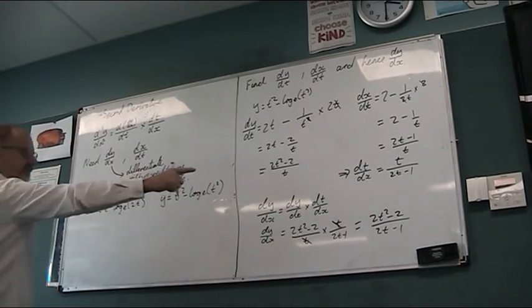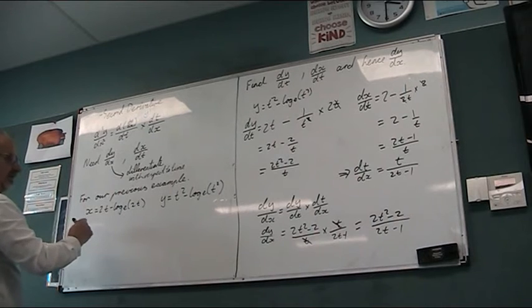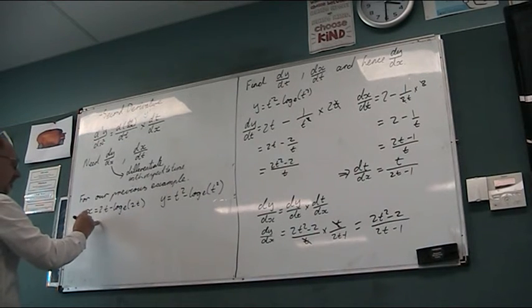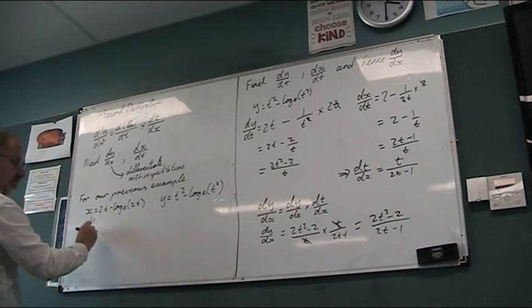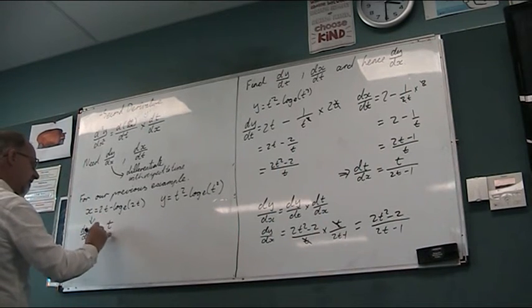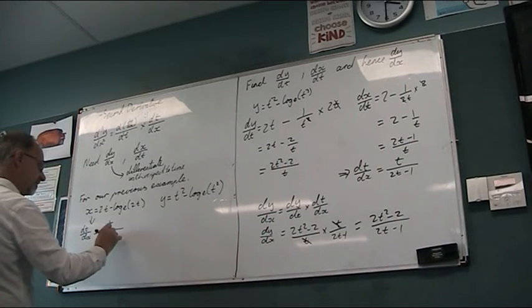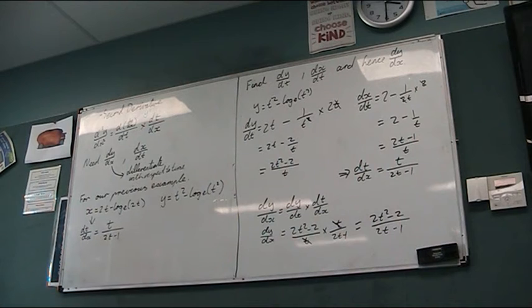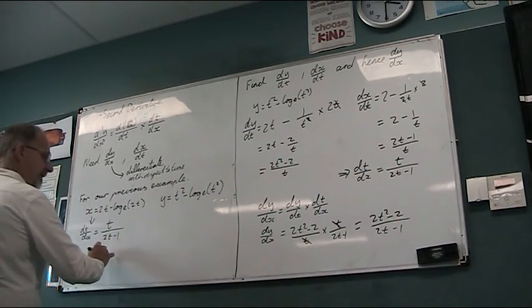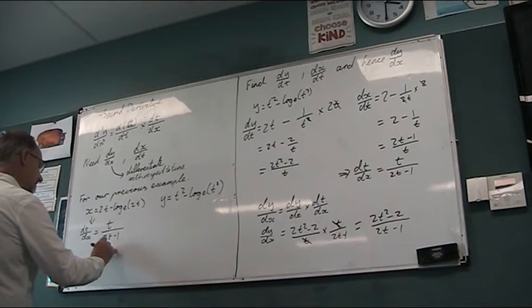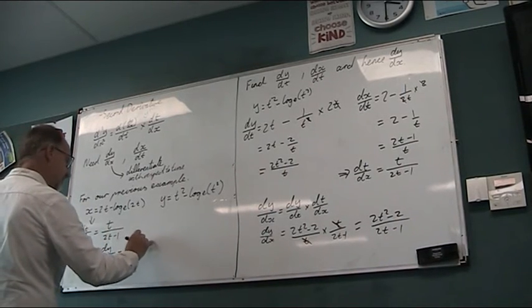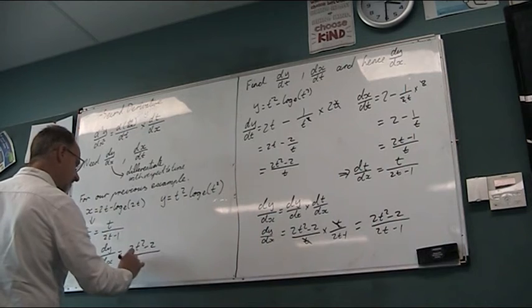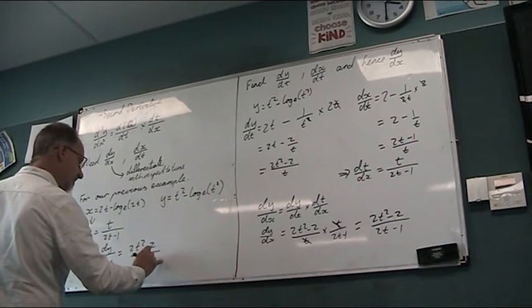We got the derivative of that before. From that we had that dt/dx was equal to t over 2t minus 1, and we had that dy/dx was equal to 2t squared minus 2 over 2t minus 1.